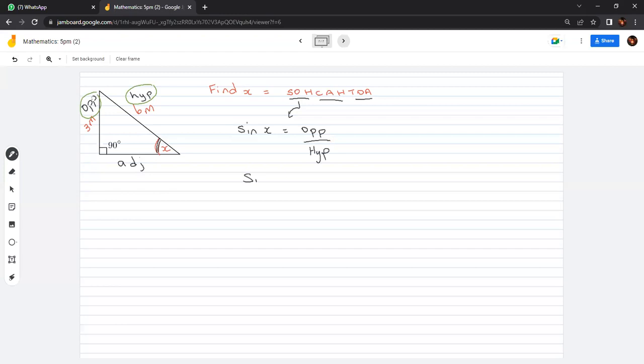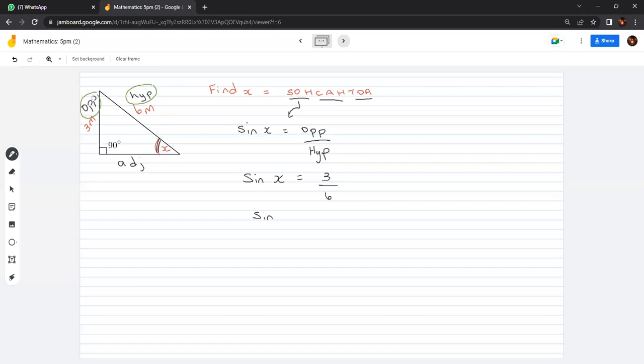So sine of x, I'm trying to find x, is equal to the opposite. Opposite is 3 divided by the hypotenuse, which is 6.